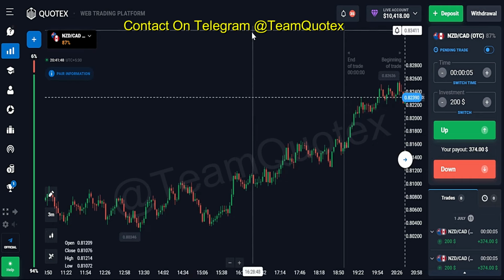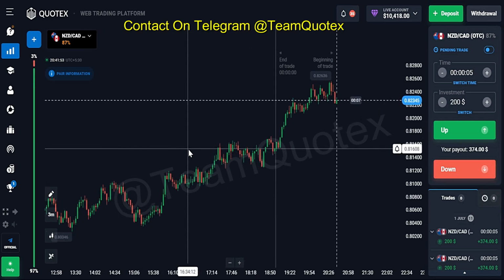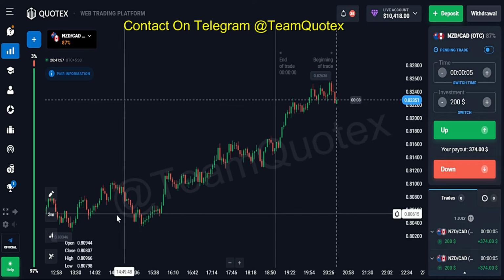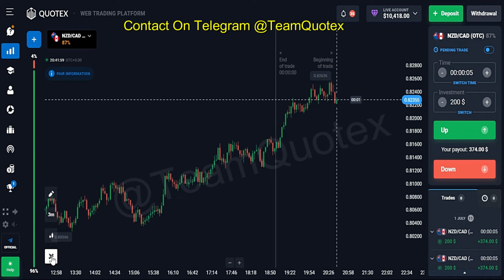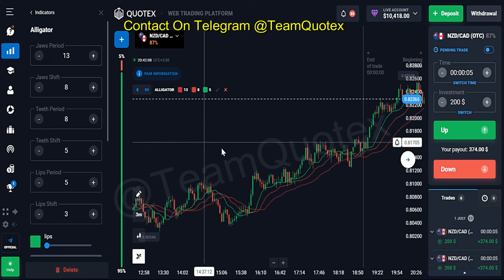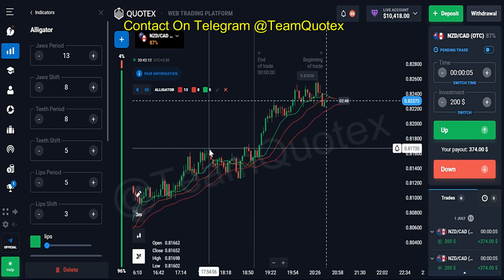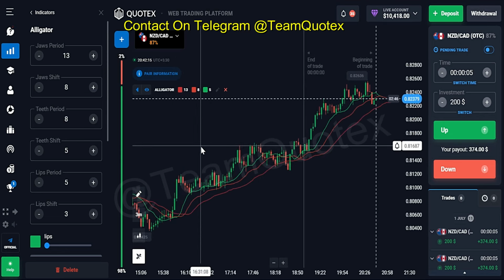All right, so guys, first we have to understand in a very easy way what the alligator is. To do so, click on the indicator section, and in the Quotex platform you can see the first indicator is alligator. Click on it. So alligator has been applied on my trading chart. Now first understand what the alligator is, because the basic concept must be clear.